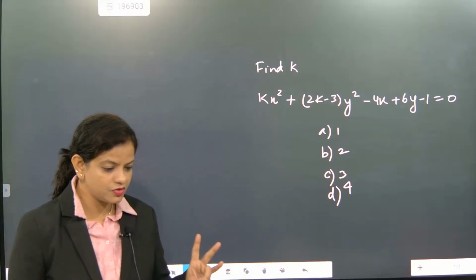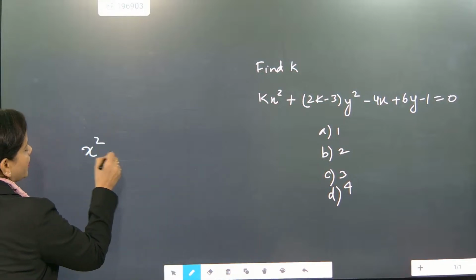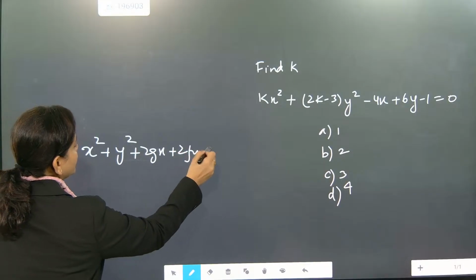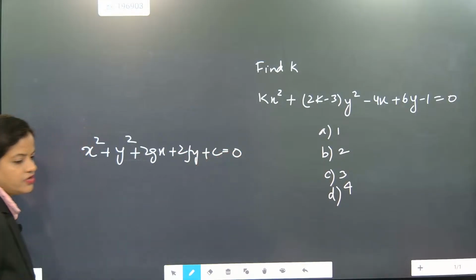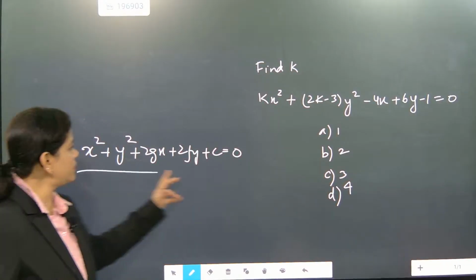There are two equations of circle. First, you need to realize that x square plus y square plus 2gx plus 2fy plus c equal to 0 is the general equation of circle. Nishika, check here, what is the general equation of circle?